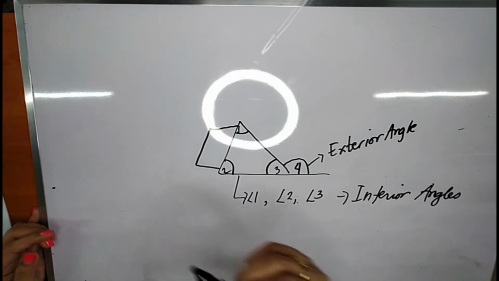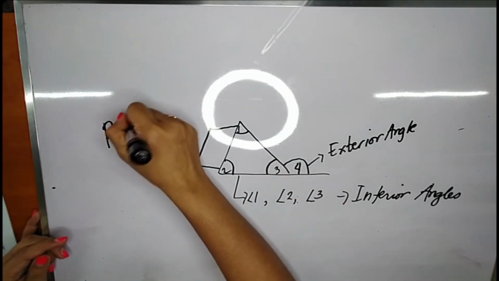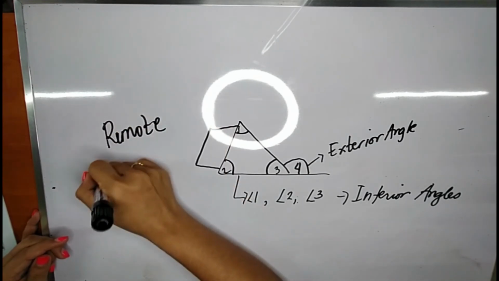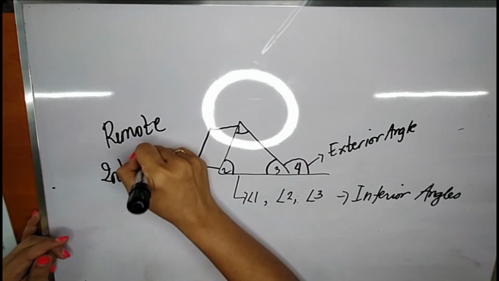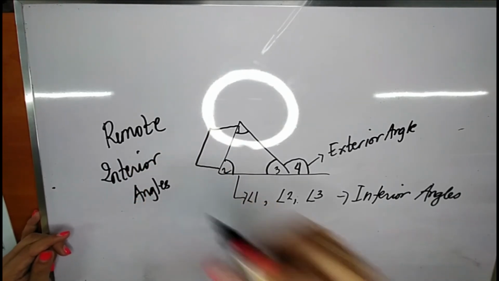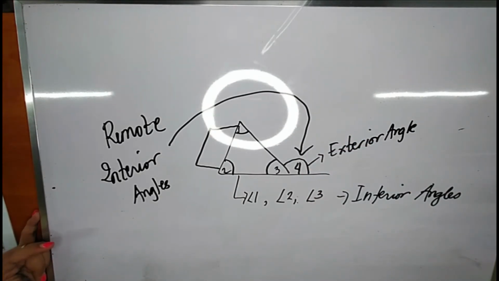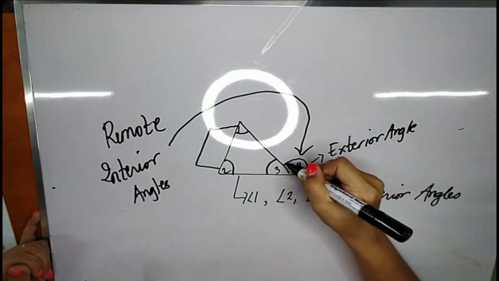So, therefore, we say that angle 1 and angle 2 are what we call the remote interior angles, with respect to that exterior angle, which is 4. So, kung pangutanon ta, what are the remote interior angles of the exterior angle 4?